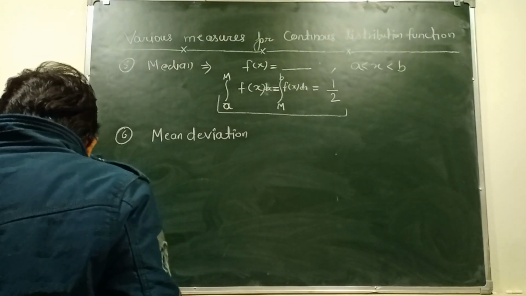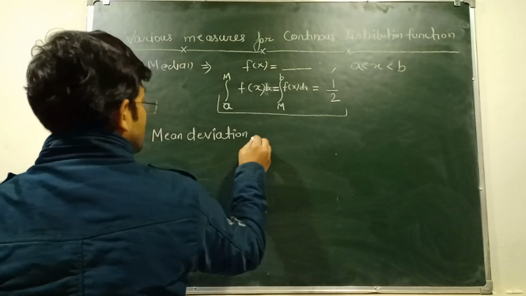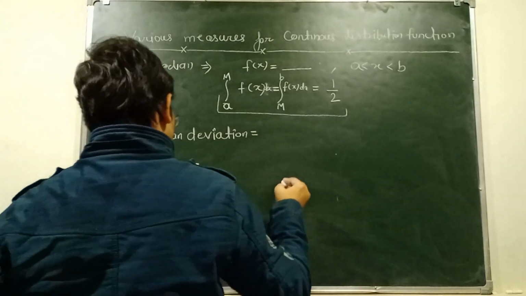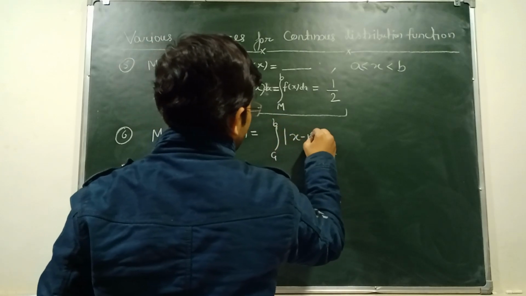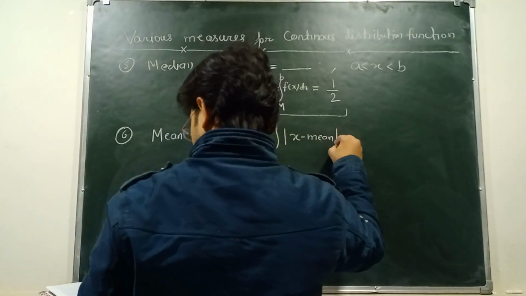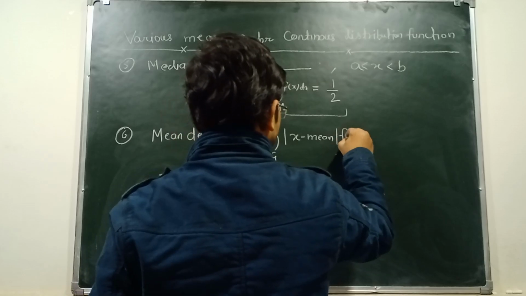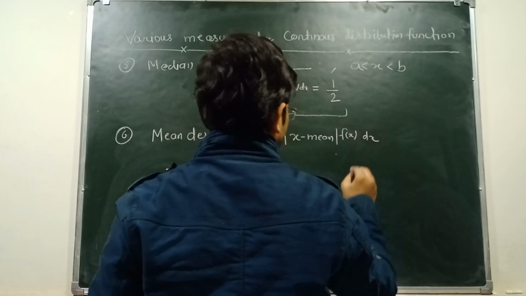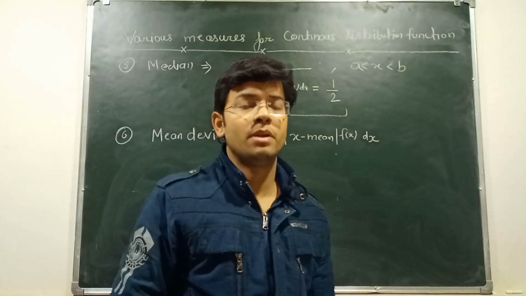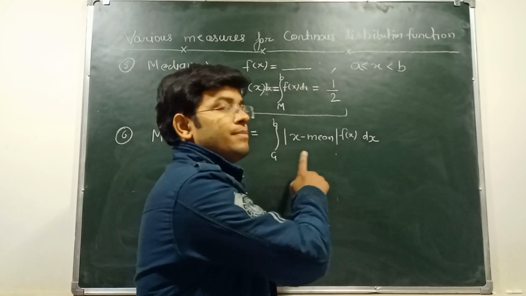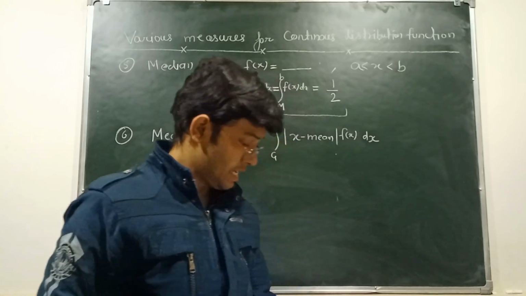Mean deviation is equal to the integral from a to b of mod x minus mean, times f(x) dx. So the formula of the mean deviation is the integral of |x minus mean| f(x) dx.